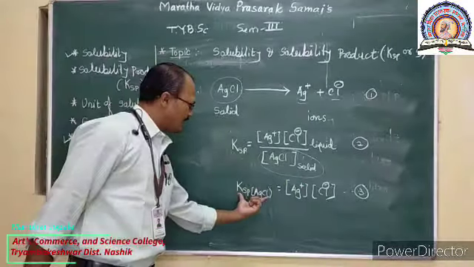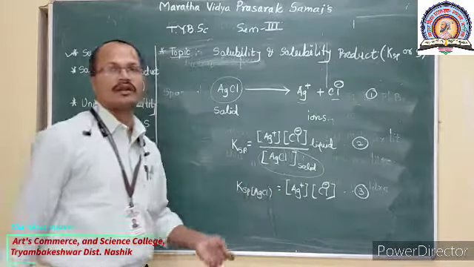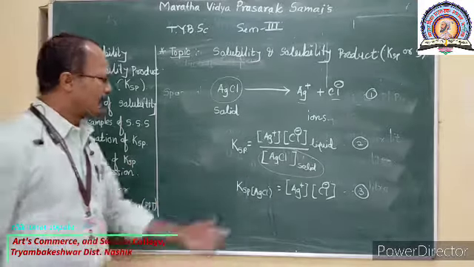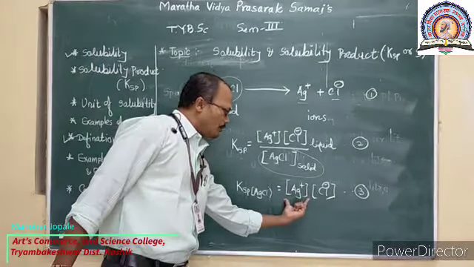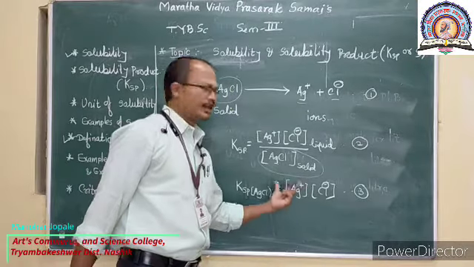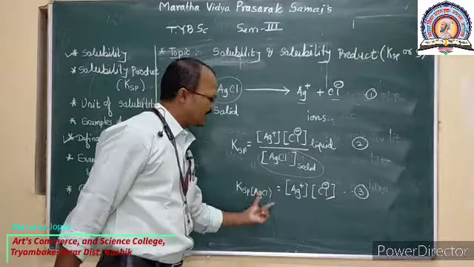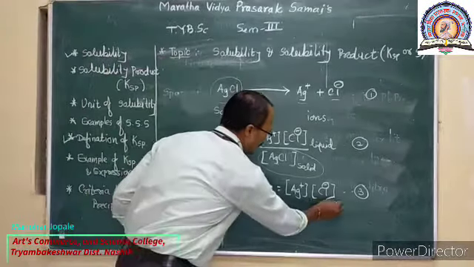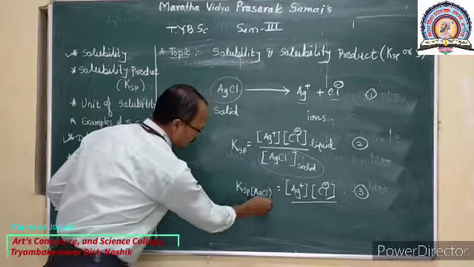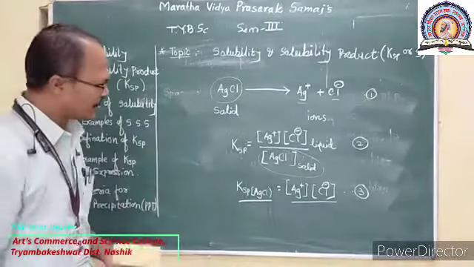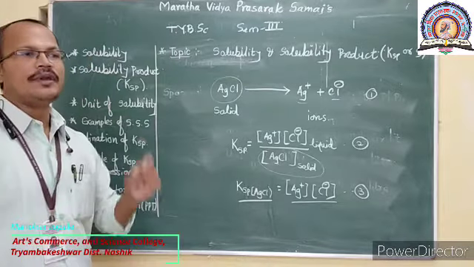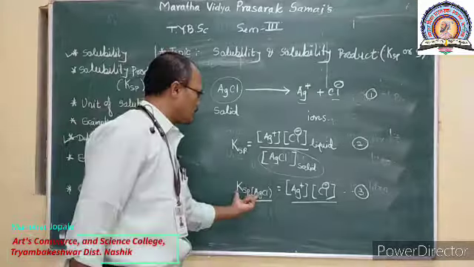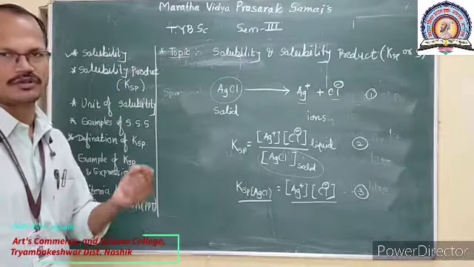We can say that the KSP for silver chloride is the solubility product of silver chloride. This side is called the ionic product, while this is called the solubility product, and the equation indicates that the ionic product concentration expresses the solubility of the sparingly soluble salts.